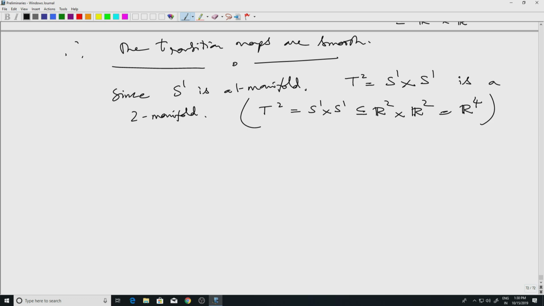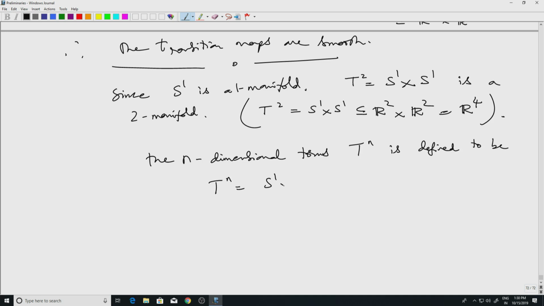Right now, the two-dimensional torus is a Cartesian product, and there's no reason to stop at 2. The n-dimensional torus is defined to be the n-fold Cartesian product of S1.